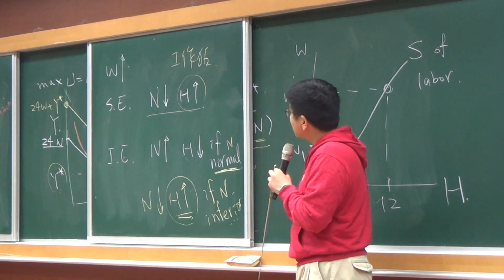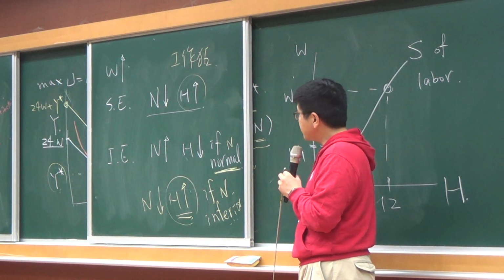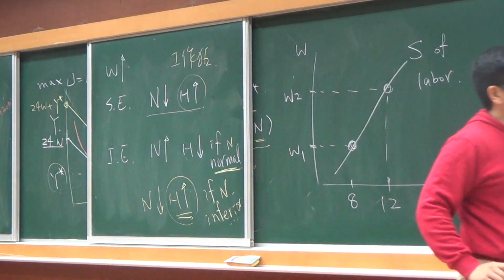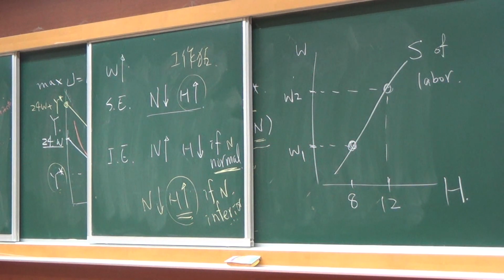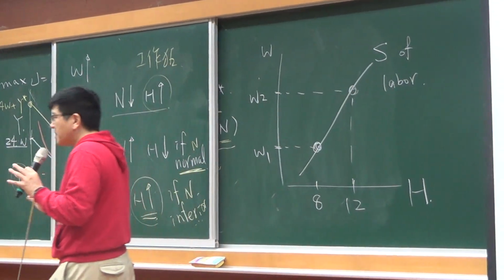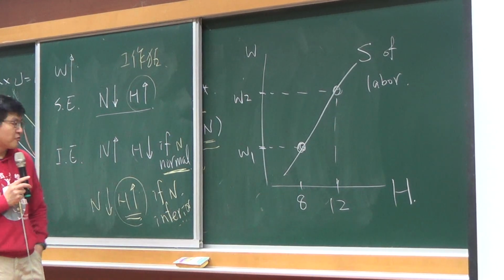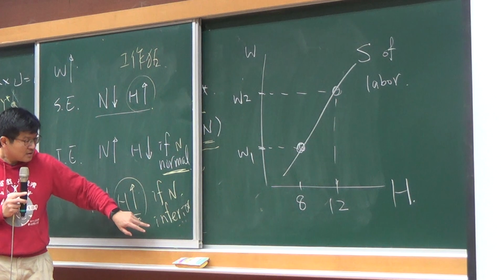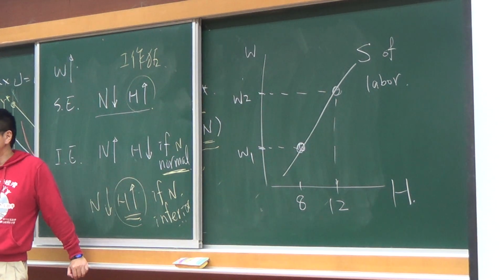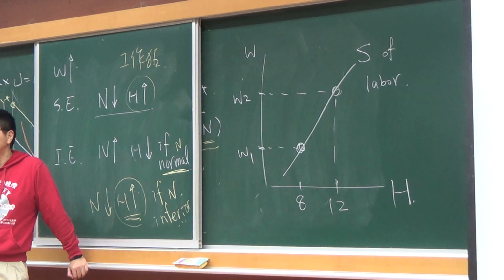So if you are a workaholic and you regard leisure as an inferior good, you increase your real income, but you consume less leisure, which means you work more, then there will be no conflict at all. So for a workaholic, or for someone who regards leisure as an inferior good, the higher the wage rates, the more the working hours.